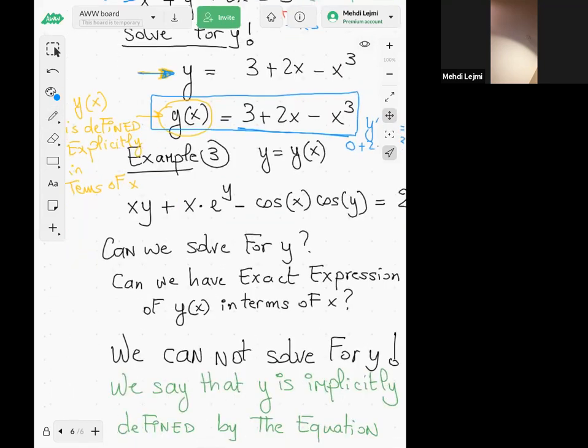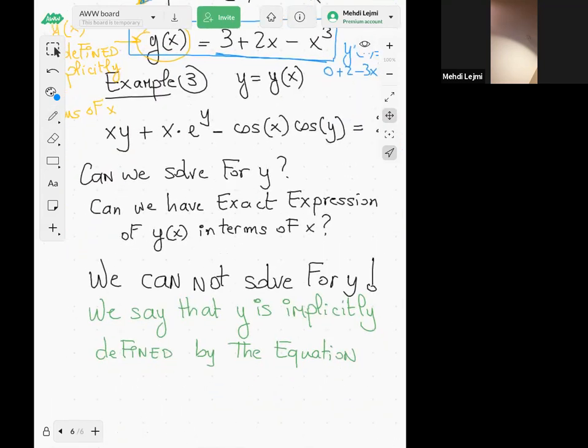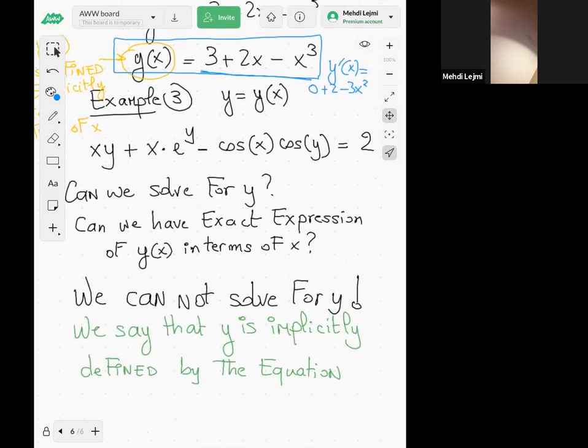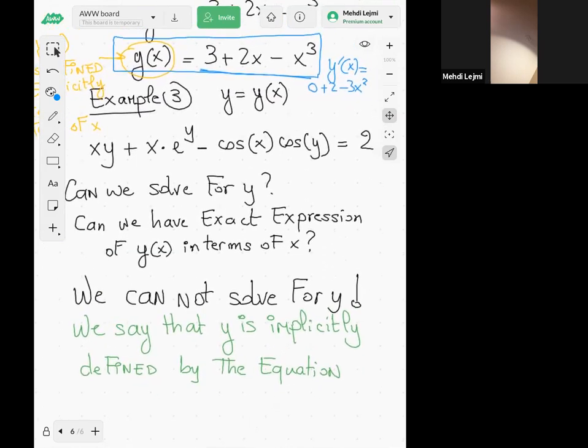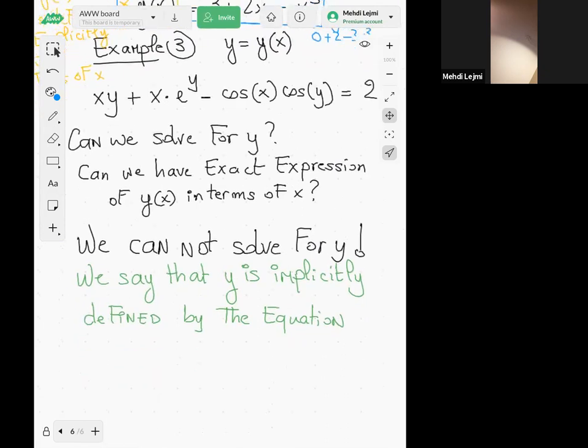Now the question: if y is implicitly defined by an equation, can we still compute the derivative?